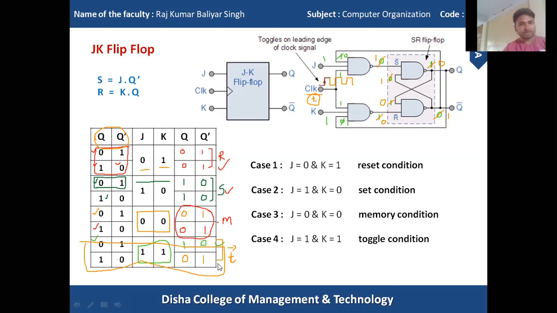So it's toggling, just making a race round condition. So it is also called a race round condition, because in the last few classes back, I said that one clock cycle T equals delta T plus delta T. Okay, this is one clock cycle.